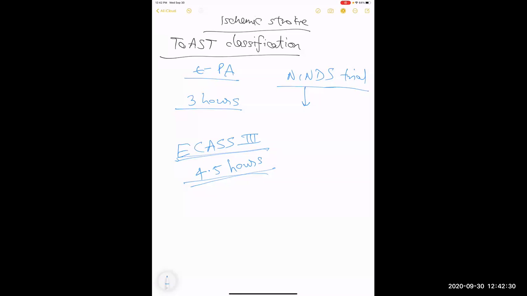So ECASS-3 trial showed benefit up to 4.5 hours, and in the US we still give TPA up to the 4.5 hour time frame. Some other studies, I think a group from Australia, I don't remember the name of the trial.